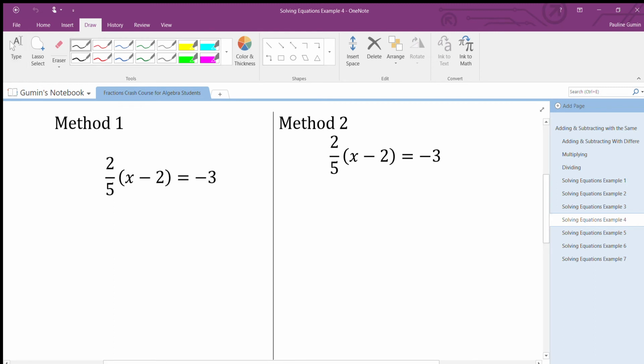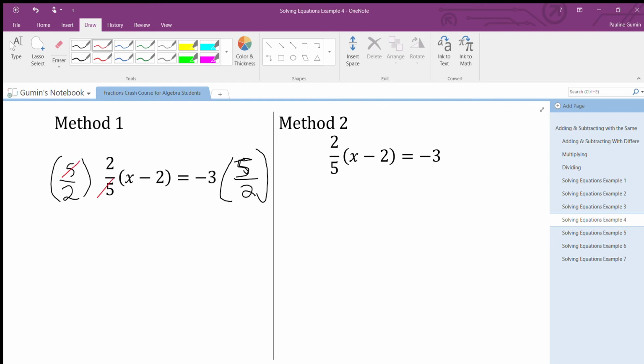First thing I'm going to do in the traditional method is get rid of the fraction by multiplying both sides by its reciprocal. Okay, on this side everything cancels, and I'm just left with x minus 2. And on the right hand side I have negative 15 over 2.